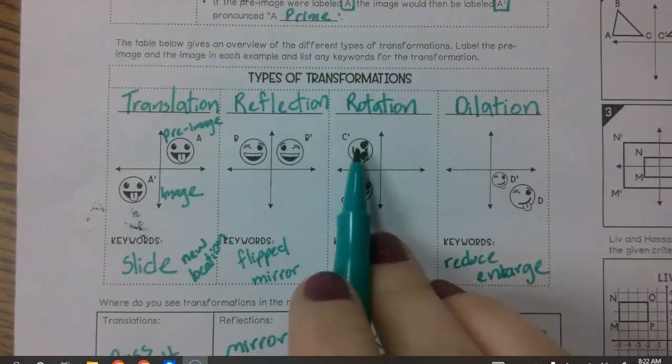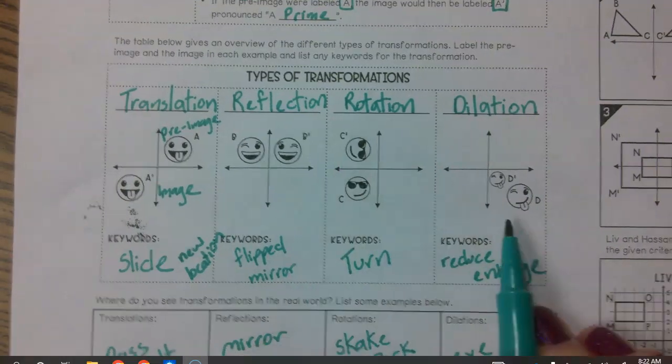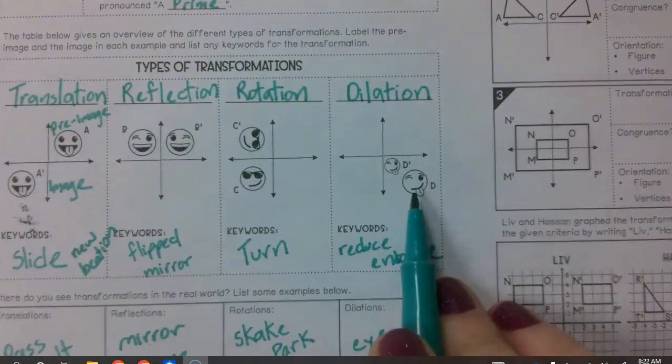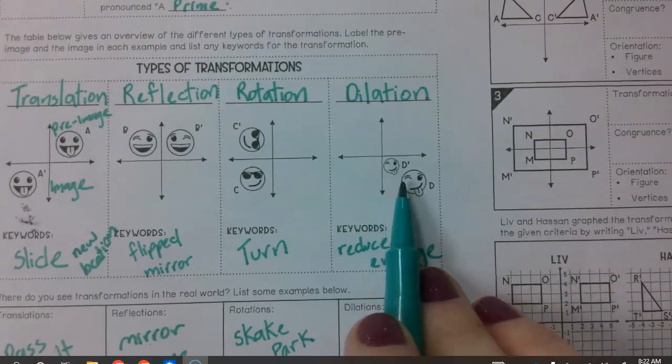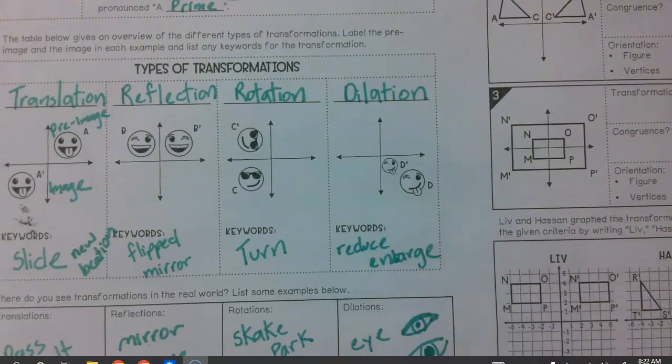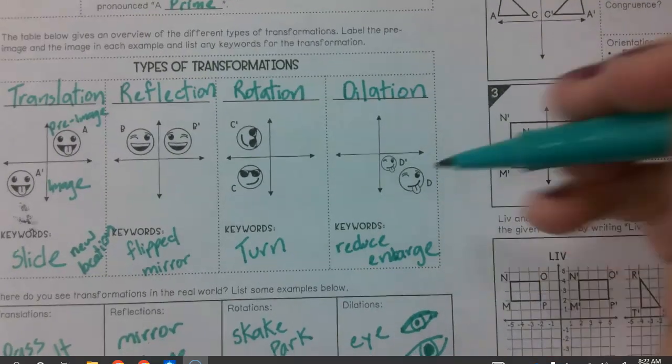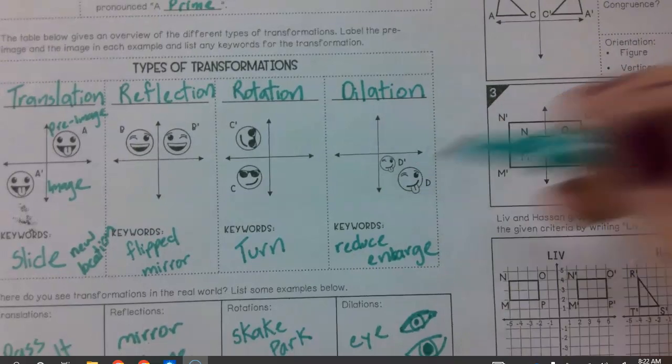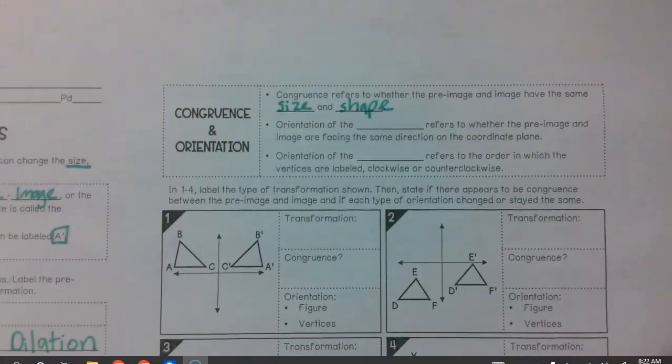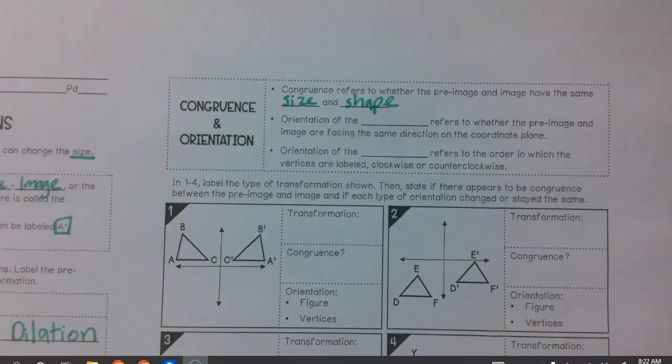These are the same. But a dilation is not congruent because these are not the same size. They still look like the same shape, but they're not the same size. So this is not congruent. Okay, so that was easy enough. That's congruence, means the same size and shape.